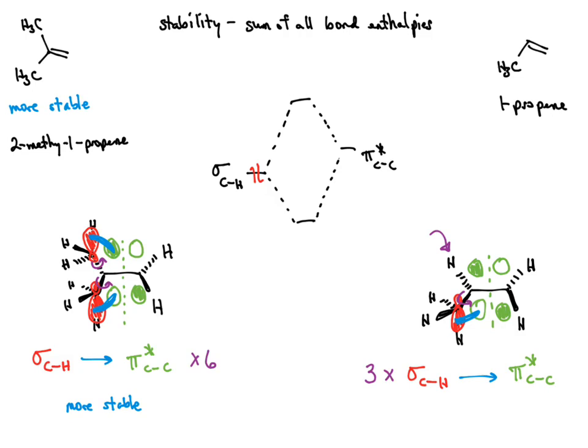Those 2 new molecular orbitals will be a new sigma CH and a new pi star CC. We have 2 electrons in that sigma CH, and so what happened overall, the delocalization of those sigma CH electrons into the pi star CC drove down the energy of those sigma CH pair of electrons.